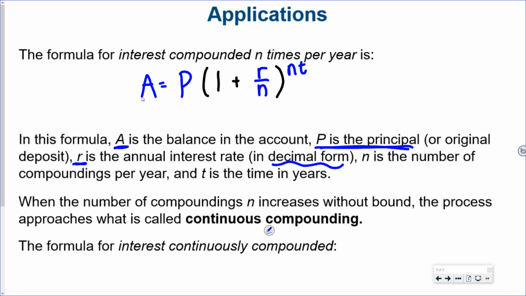And then n is our number of times it's compounded per year, because your interest can be compounded annually, 1 time per year, semi-annually, twice a year, or monthly, 12 times a year, and that factors in as well. And then obviously how long you leave your money in the account is going to affect how much your balance is after whatever the time period is.